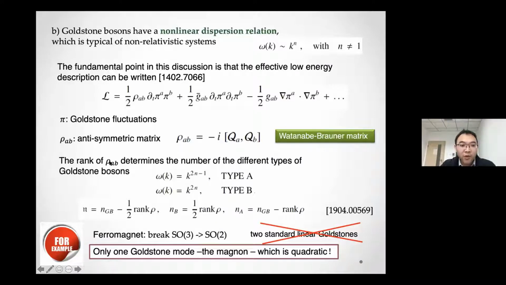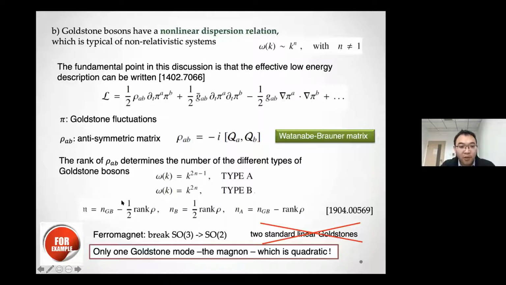The rank of this rho AB determines the number of the different types of Goldstone bosons. From this paper, the number of type B modes is given by the rank divided by 2, and the number of type A modes is given by NGB, defined before, minus the rank of this matrix.